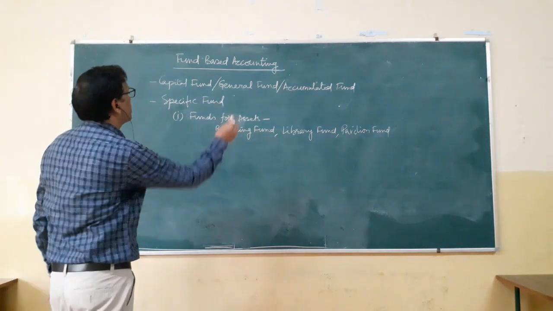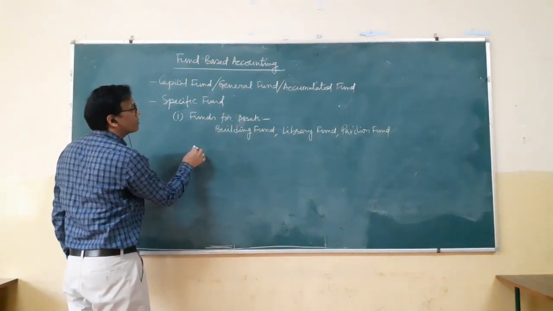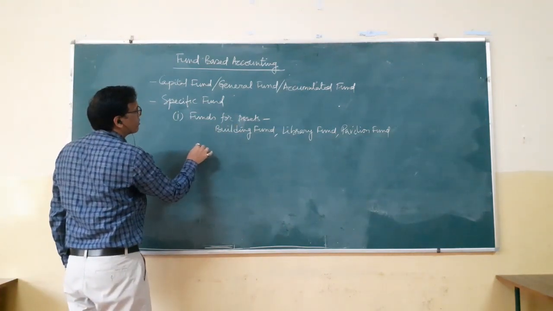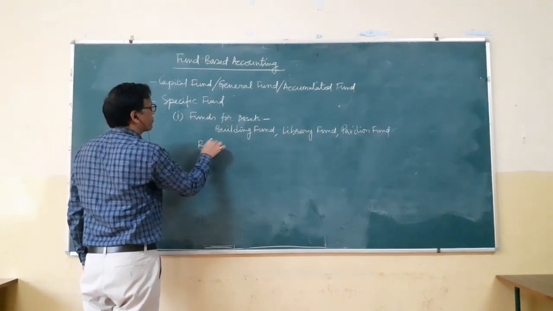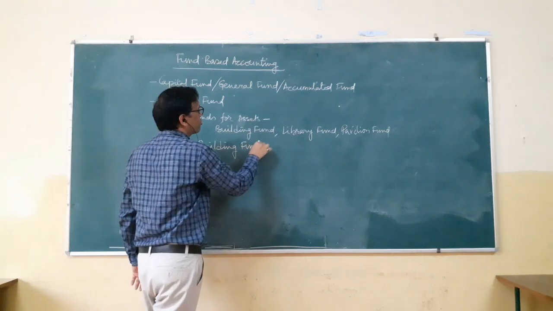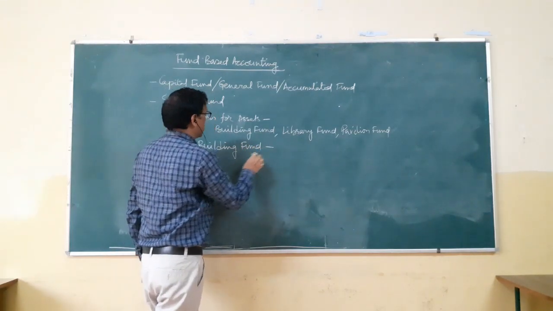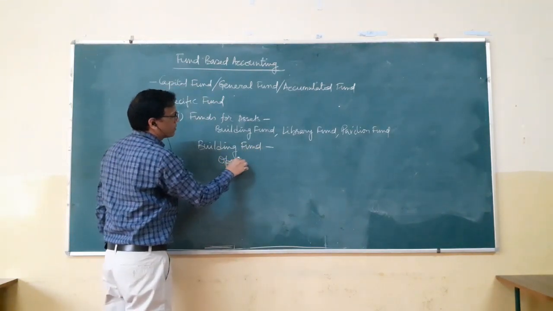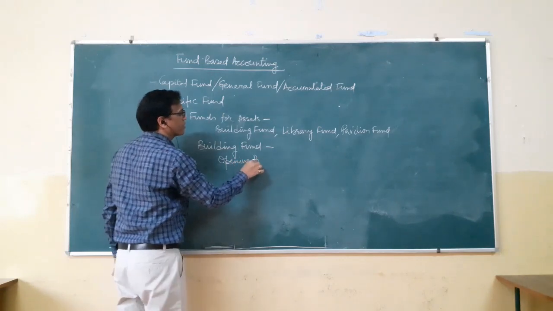This specific fund is taken into the balance sheet liability side. We show it as building fund. This way, building fund. In the balance sheet also I have shown it. We take the opening balance.